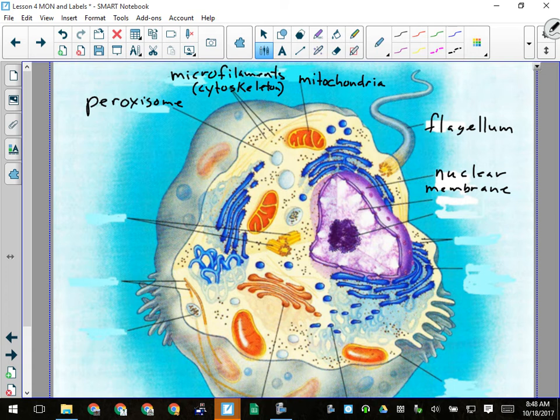The nuclear membrane is probably the, let's say, tightest, maybe that isn't the right word, but the most secure membrane there is. Basically nothing gets into the nucleus.